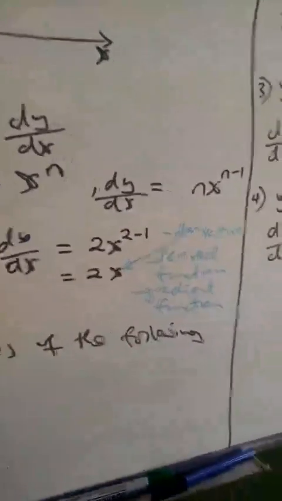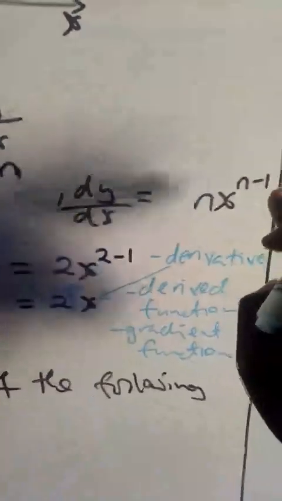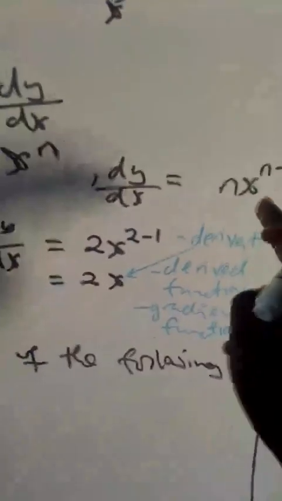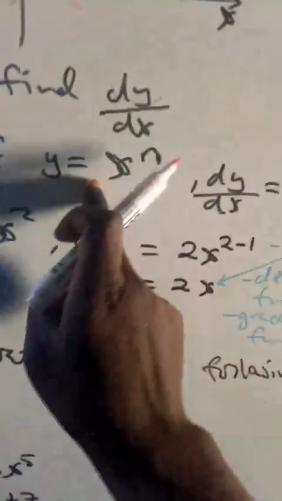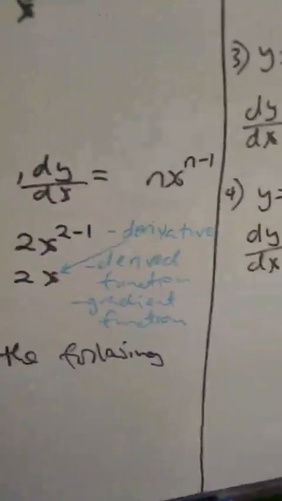It simply means you are dropping the power first. You are dropping the power n to this side, and it becomes a coefficient. Then you subtract 1 from the same power.